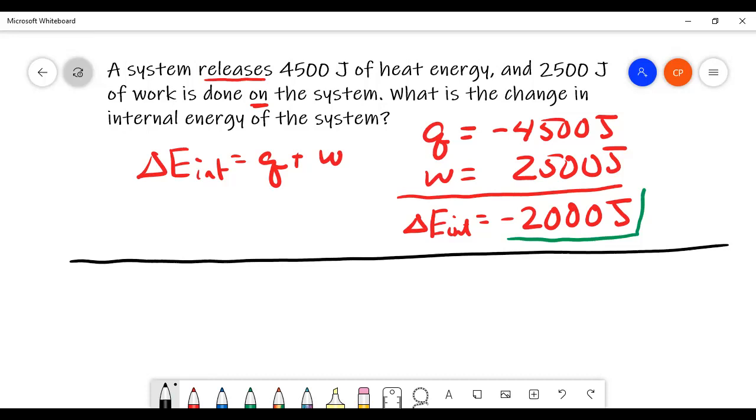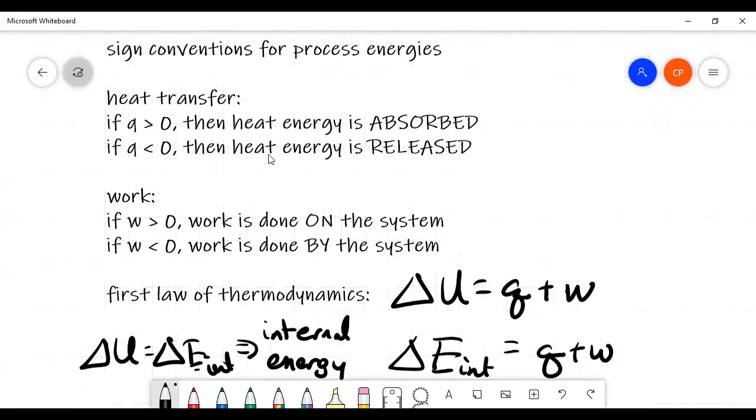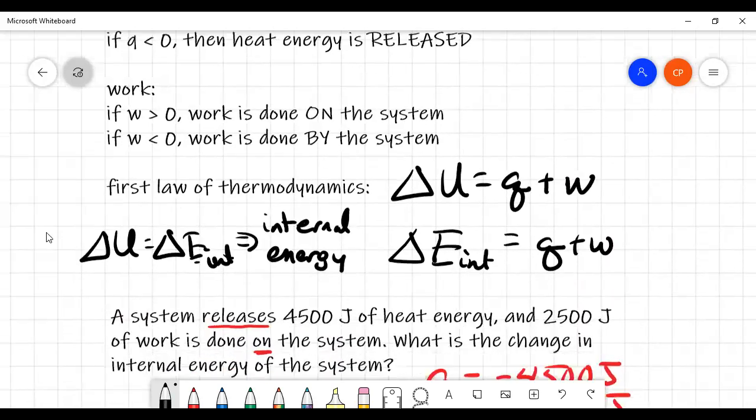And it's important for you to recognize those sign conventions and recognize the language that's used with those sign conventions. So that's important thing number one for this mini video lecture.